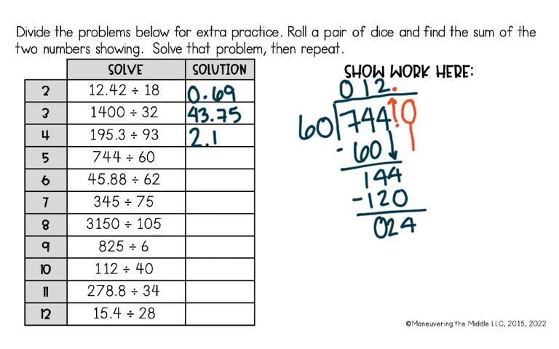Add a 0. Bring that down. So now I have 240. And I know 60 can go into 240 4 times. And 4 times 60 is 240. So I can go ahead and subtract, and that is 0. So our answer is 12.4.